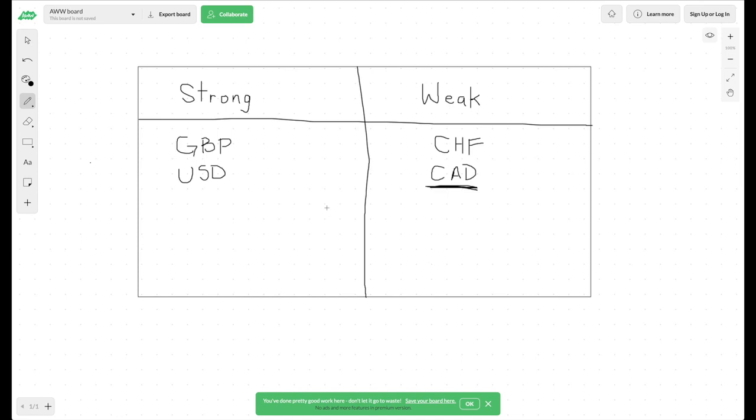Now, here's another one. Let's say you have New Zealand, and it comes out as strong, but it's mixed. It's mostly strong and some weak. For those, I will generally put a star next to it, which means that is not my choice of pair to be trading, because I don't have a clear trajectory on what the market is going to be like. Is the economy really bad or is it good?